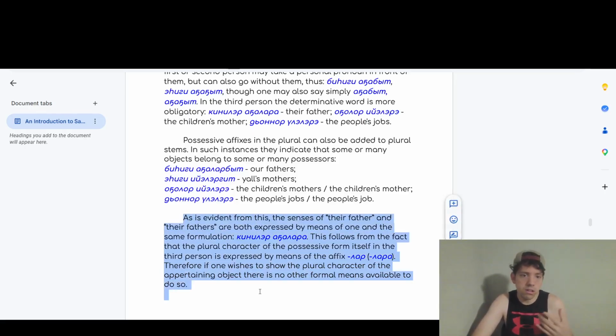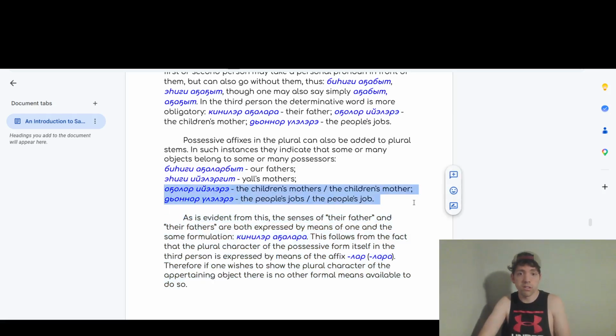See, this is why I don't like linguistics, because all of that could have been summed up so much easier, which I already did here, and just say, this could mean the children's mothers or the children's mother. The possessed can be plural or singular, but the possessor is going to be plural either way.